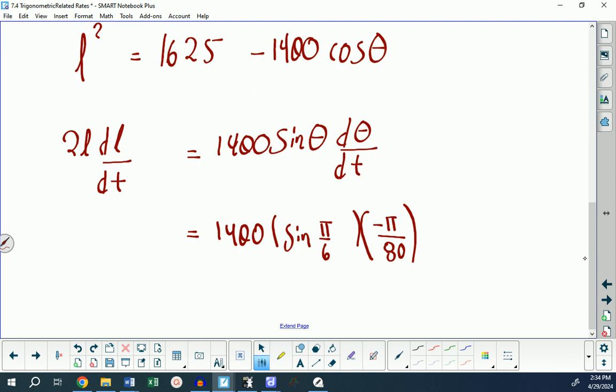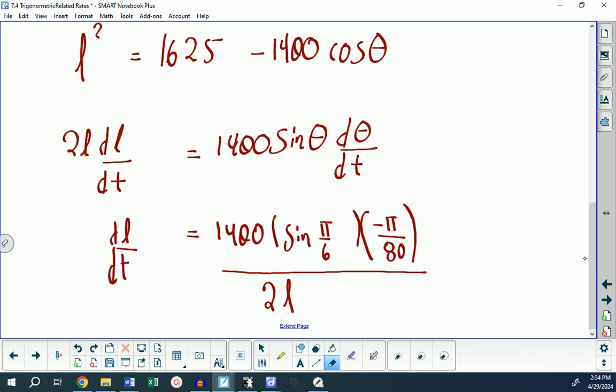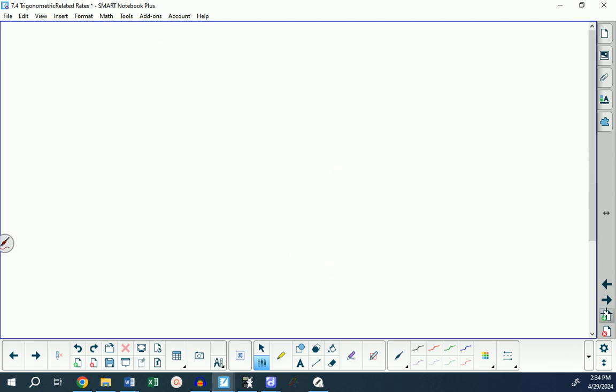And then this is going to be for dL/dt, we also have over 2L. You don't need to write L. You can just put over 2, and we're going to figure out what L is. But we need to just pull over and do some calculations here. The formula, I believe, was L squared equals 1625 minus 1400 cos theta.